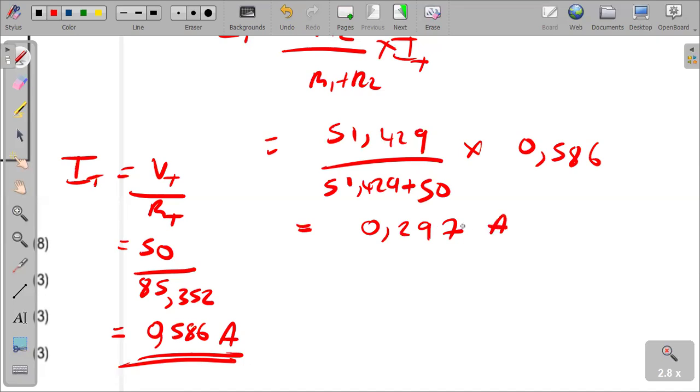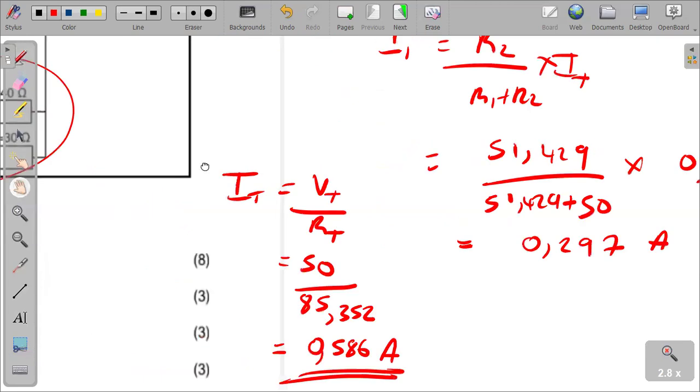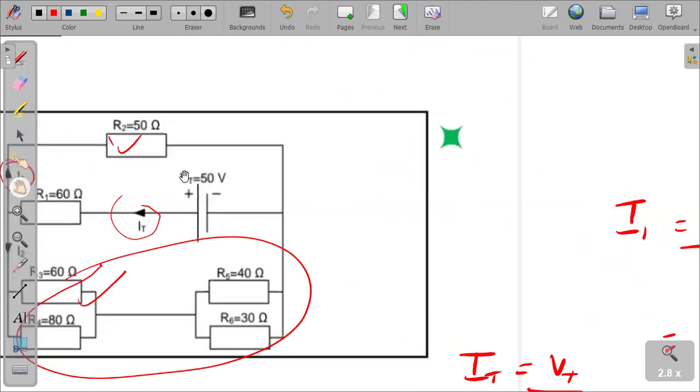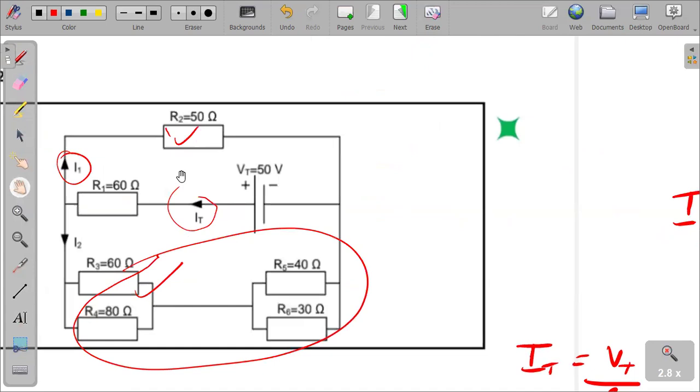Having determined this current, what is the next thing? The next thing is I2, right? I used this formula, but is it the only one? No, it's not actually the only one. We could have also used the total current and, of course, the effective resistance of the last parallel branch that we created.